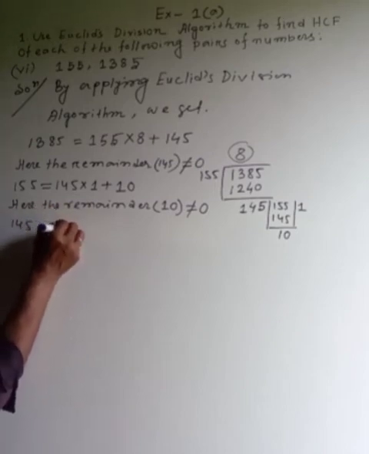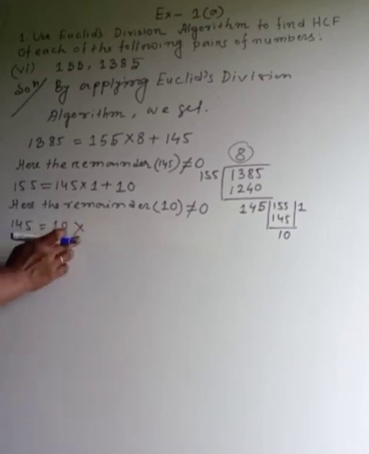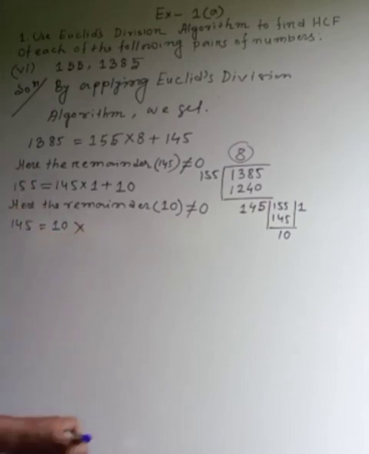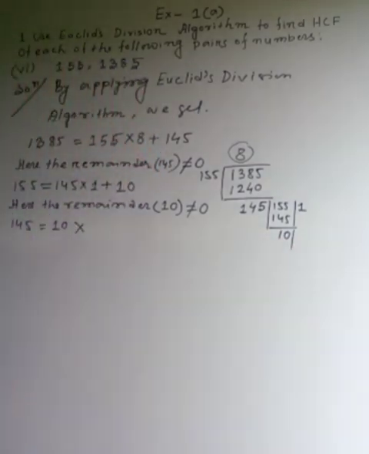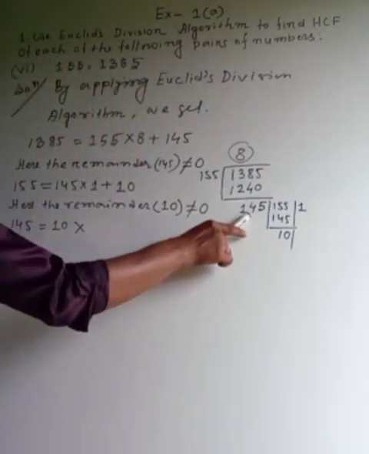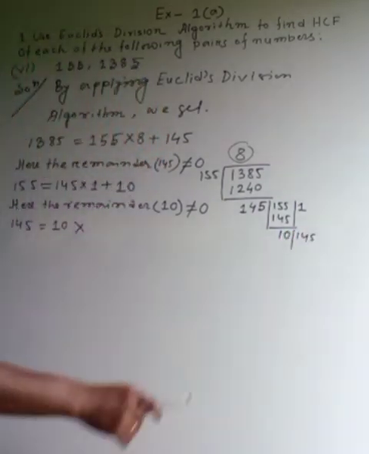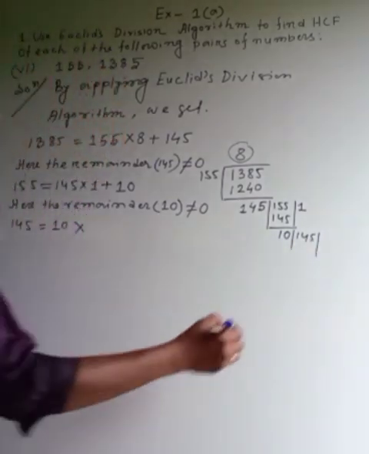So divisor into, we have to find the quotient now. So this divisor we have to divide to whom? 145.